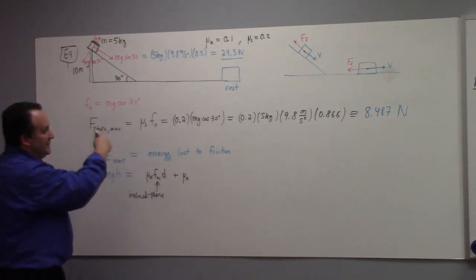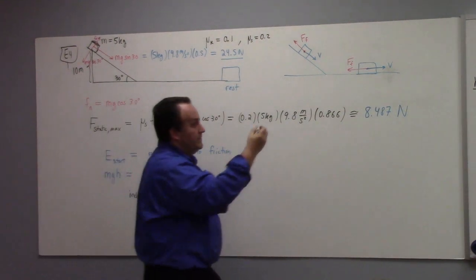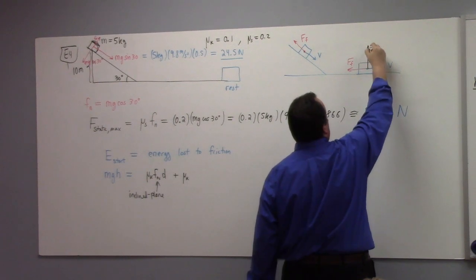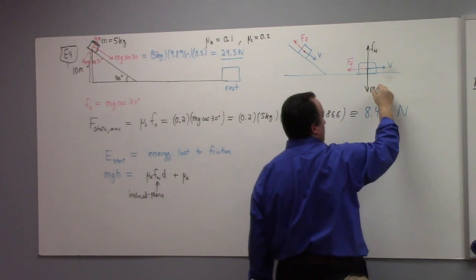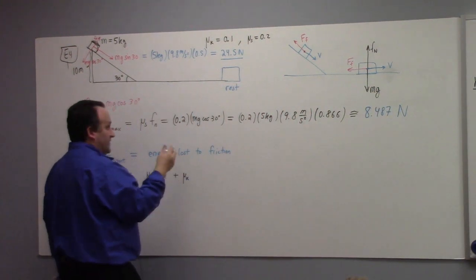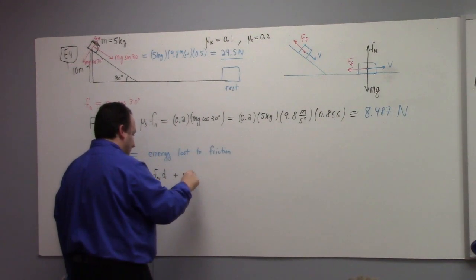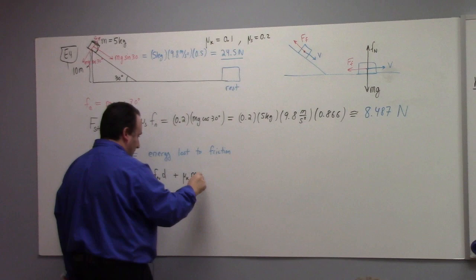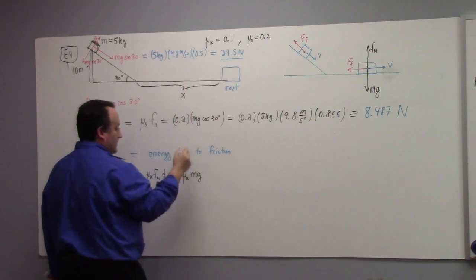What's the normal force once it gets to the flat, though? It's different. Here, the normal force is just mg. So the normal force is bigger down there, which means the friction force is larger once we're off the mountain here. So I can just put mg here, and then I don't know what this distance is, so I'm just going to call it x.